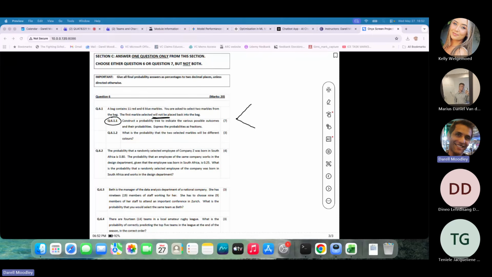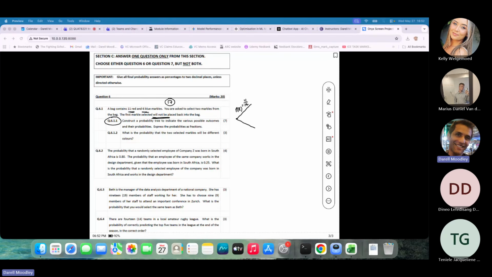You have 11 red marbles and 6 blue, so in total you have 17 at first, because you're adding 6 and 11. So the probability of a red marble is 11 out of 17.